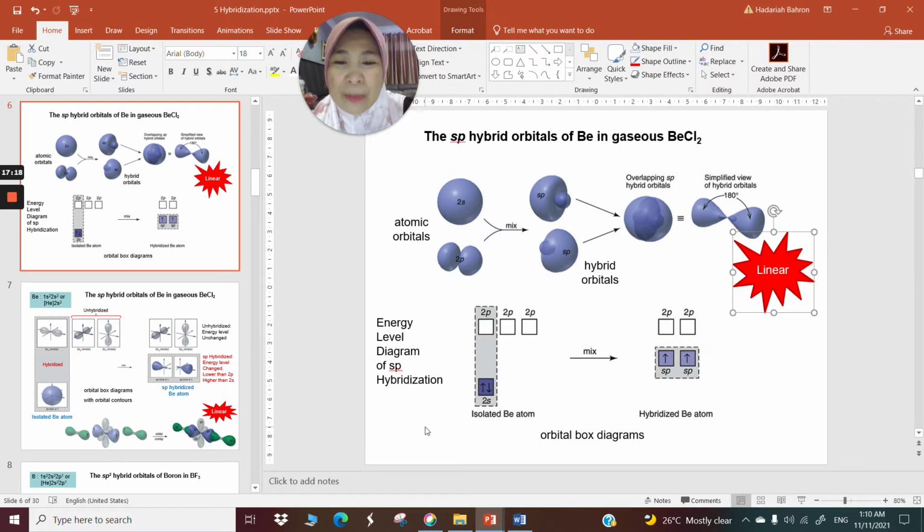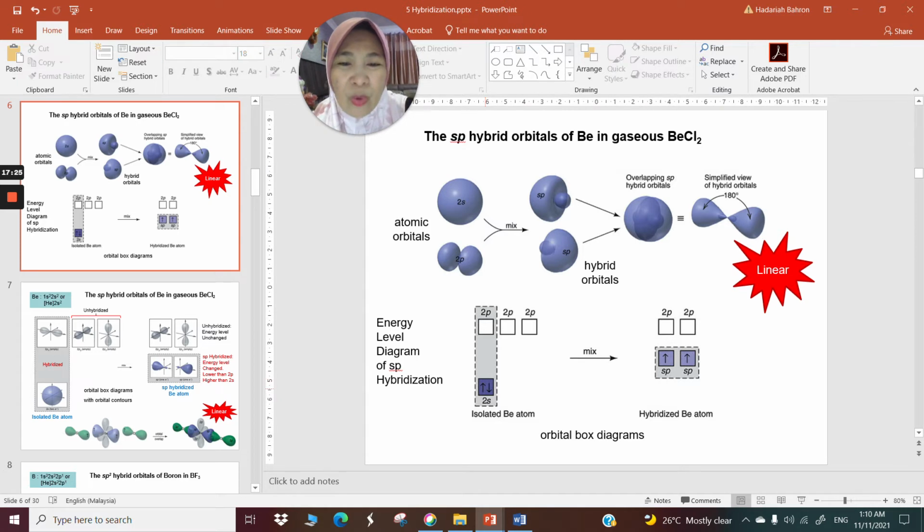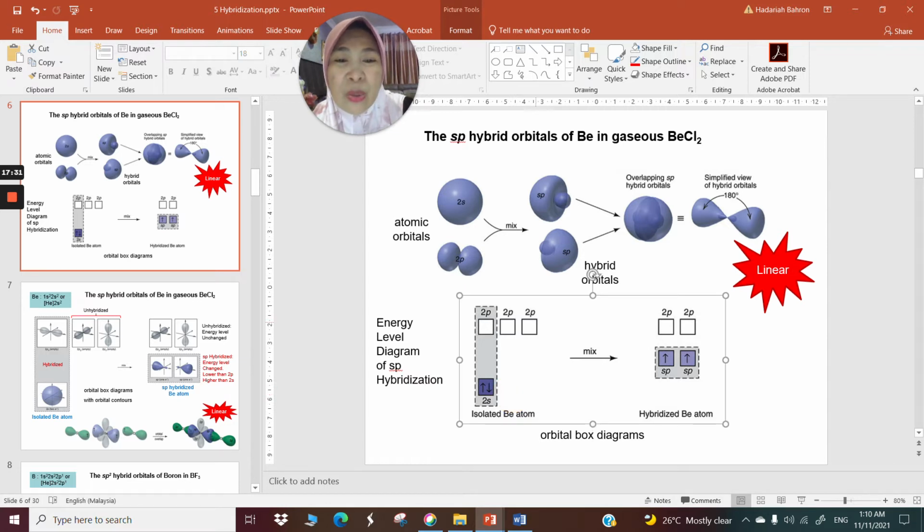I'm going to talk about the energy level diagram of sp hybridization. Now, of course, you know your 2s is located at a lower energy level compared to your 2p. So 2s is lower in energy compared to your 2p orbitals. Now, this is s and px, py, and pz.